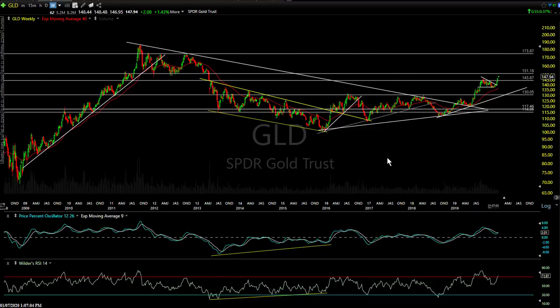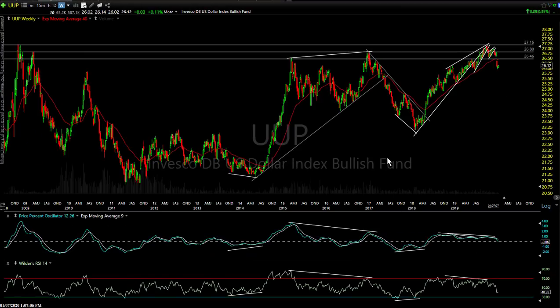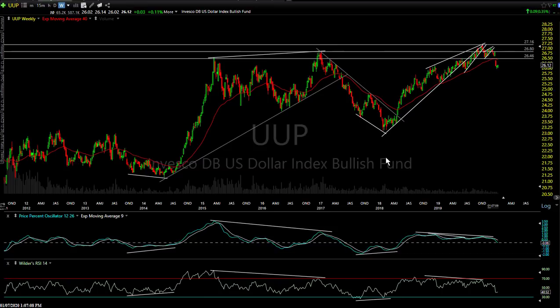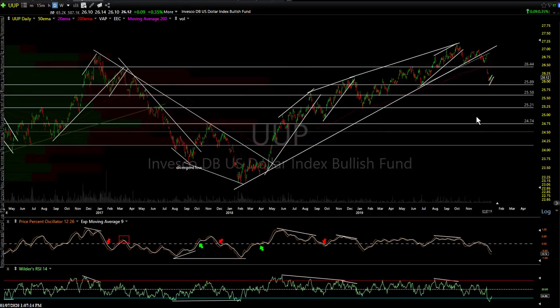And on that, I'm going to talk about the dollar. I've been bearish the dollar for a while, looking at this bearish rising wedge pattern on UUP. This is the US dollar ETF, or ETN, technically speaking, exchange traded note. But almost the same thing as an ETF, just a few accounting differences.